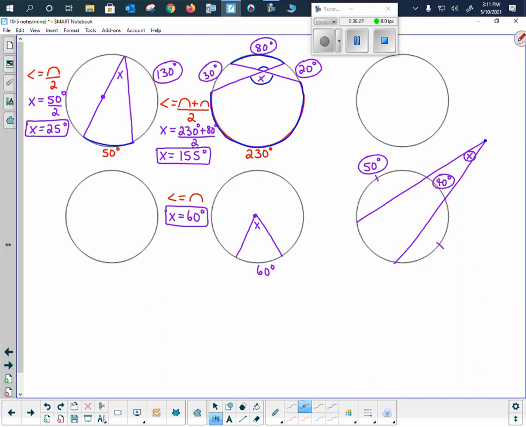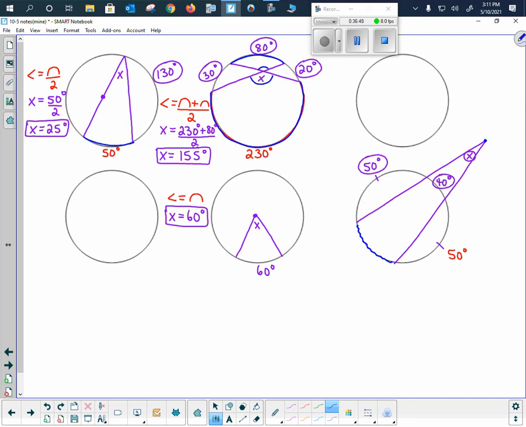Okay, so first things first, I notice because of the markings being equal, that if that top piece is 50 degrees, then this is 50 degrees. Okay, and then I know that I'm going to need this part, from here to here. So I notice every other arc all the way around the circle is labeled.